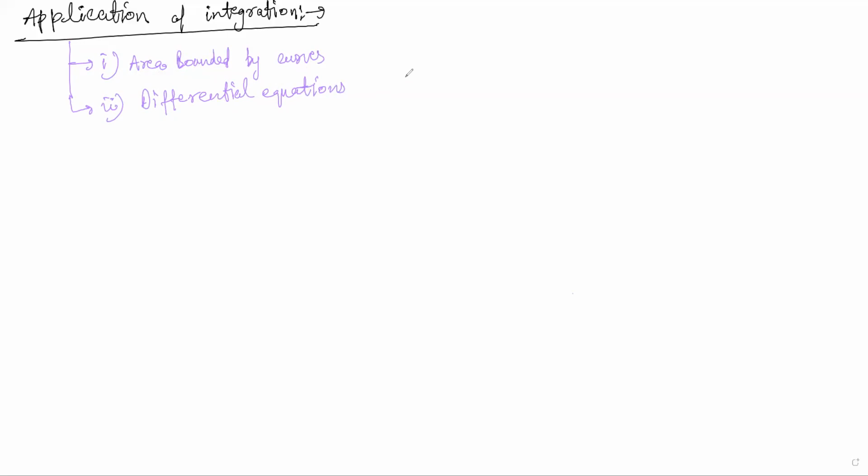So let me give you an introduction about the chapter. What are we looking for? Area bounded by curves basically tells you the area related to irregular figures. Now, what do I mean by irregular? You already know a lot of formulae for area related to 2D figures: square, rectangle, rhombus, parallelogram, triangle, right?